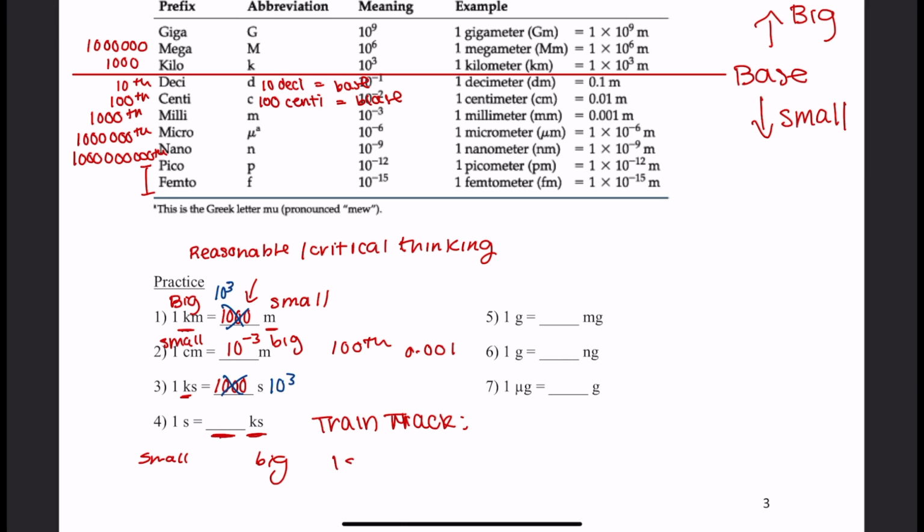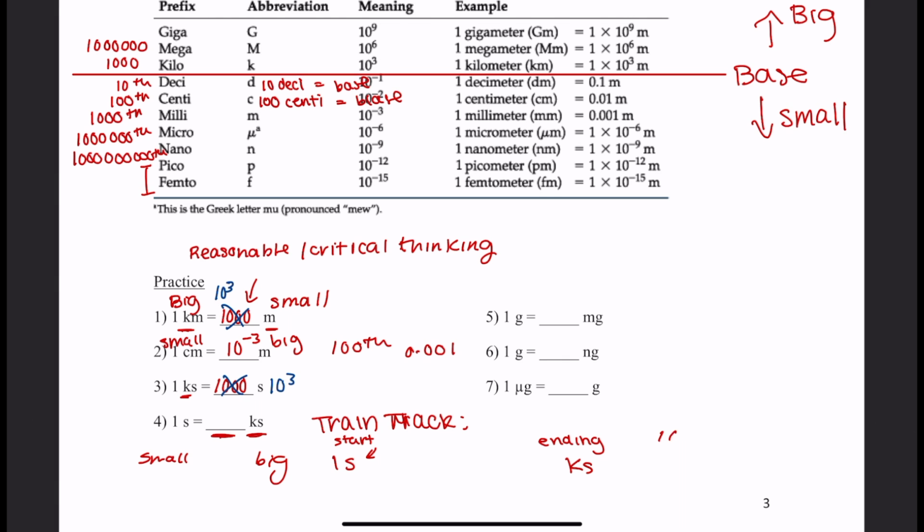So this is our starting unit, which is 1 second, and our ending unit is kilosecond. And now I know there's 1,000 seconds in 1 kilosecond.